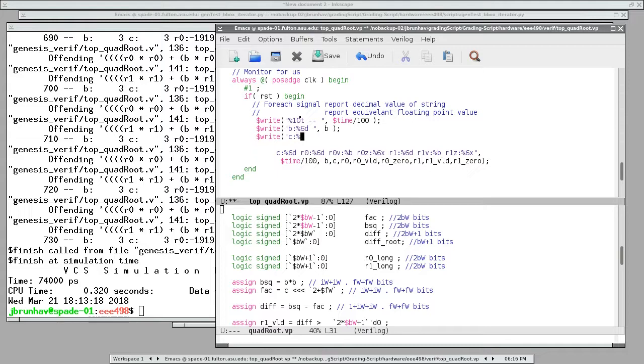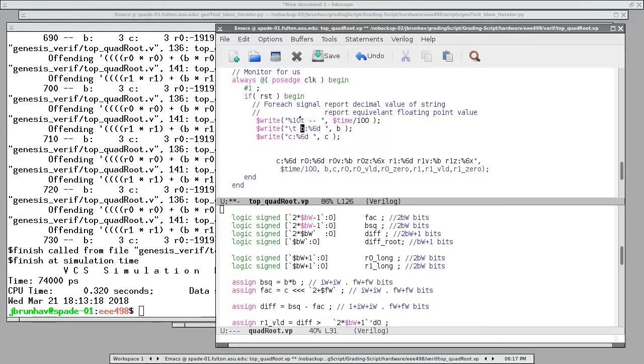C, we're going to do %60 again. C. And maybe to make this a little more legible for ourselves, we're just going to do one of these, because we're gonna come back and we're gonna fill these in with floating point values.